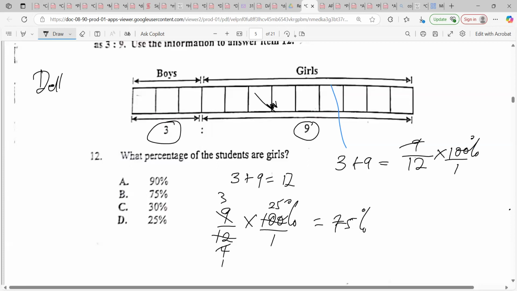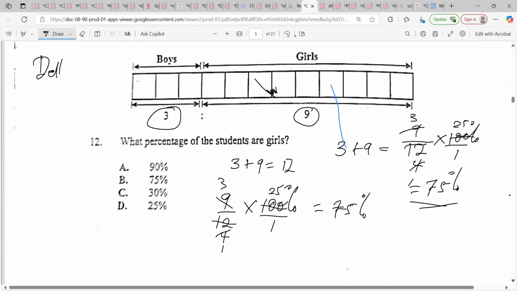And then we can divide by 3. 3 into 9, 3. 3 into 12, 4. Which number can go into 4? We use 4. 4 into 4, 1. 4 into 100, 25. I'm just going over what he did. All right, so then you multiply 3 times 25, that would give us 75. All right, good job.